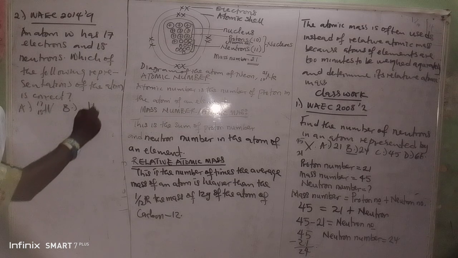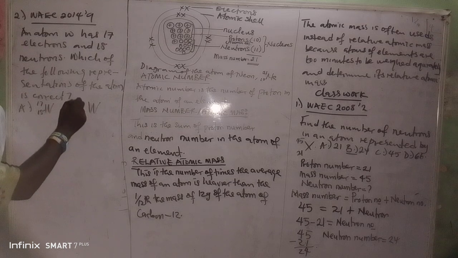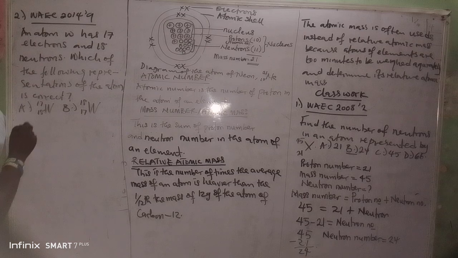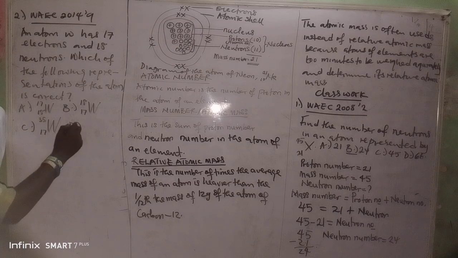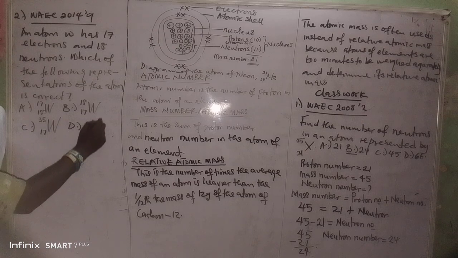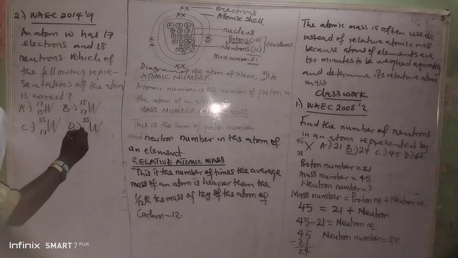Option B, W 18, 17. Option C, W 35, 17. Option D, W 35, 18. Okay, let's look at this one.